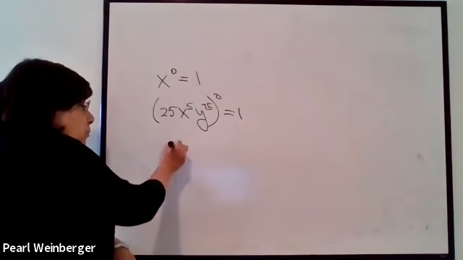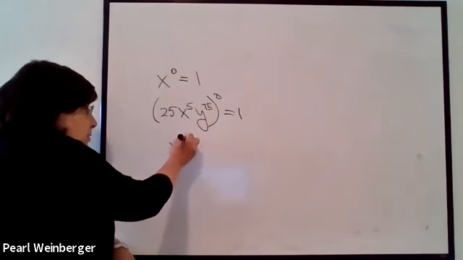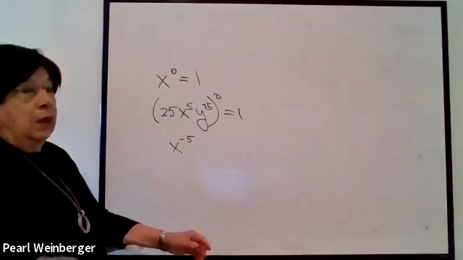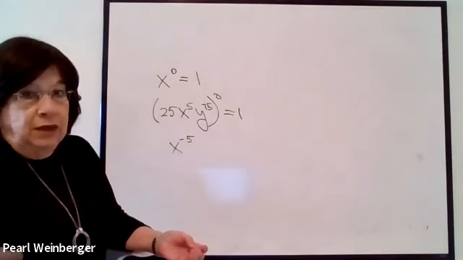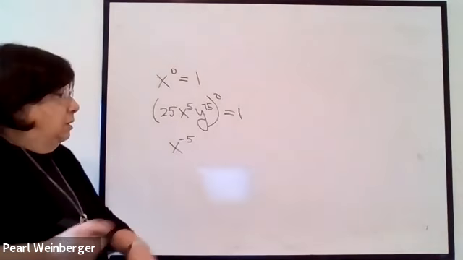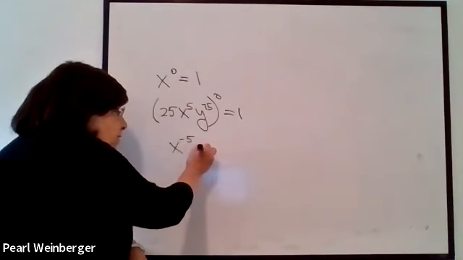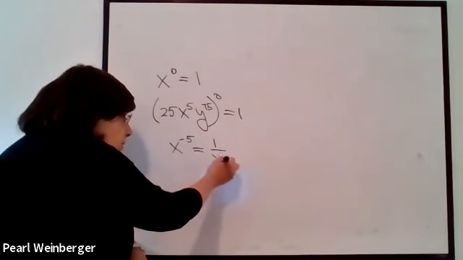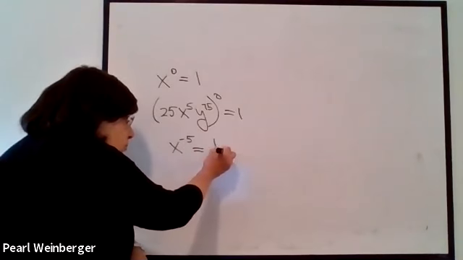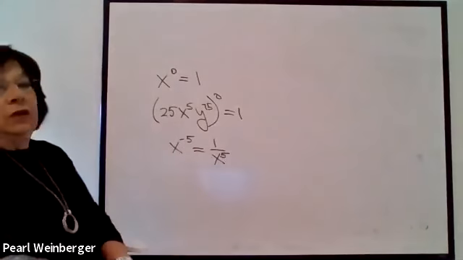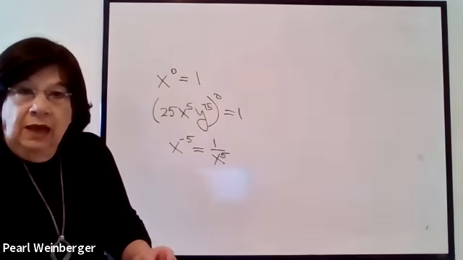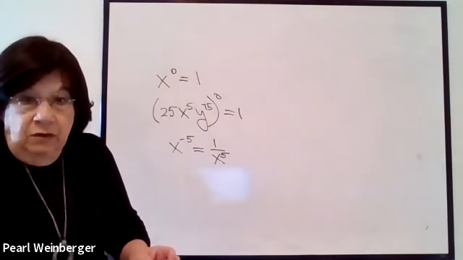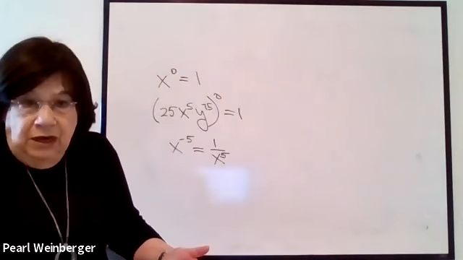What about a negative exponent? What does it mean when we write, for example, x to the -5? So I'm going to give you an explanation, and then I'm going to show you an easy way to deal with it. When you have a negative exponent, what it really means is you're taking the reciprocal of the number. That's the definition of a negative exponent. X to the -5 doesn't mean you're multiplying a number -5 times.